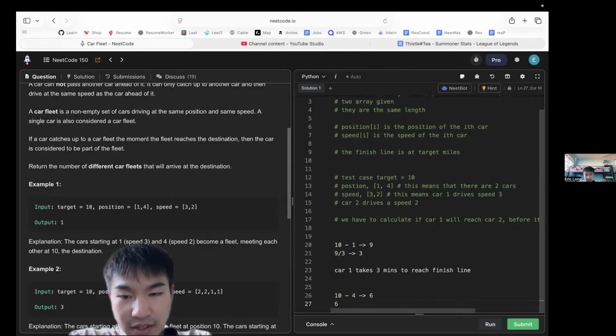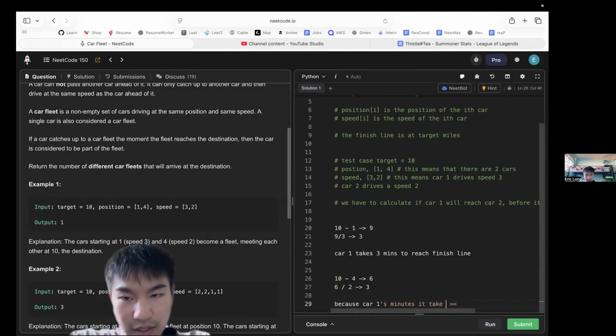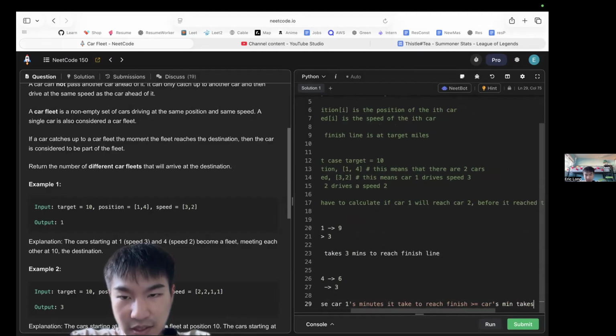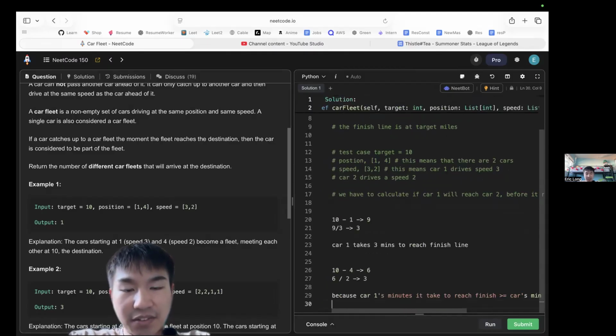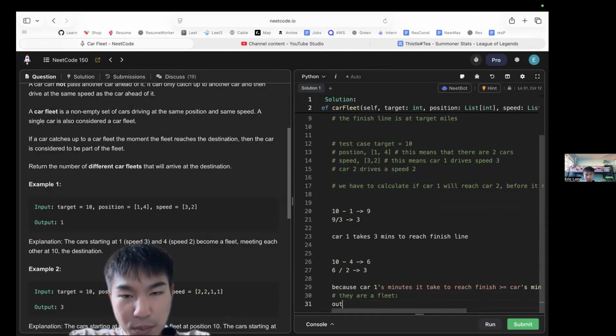Now we do 6 divided by 2, and that is also equal to 3. Because car one's minutes to reach the finish line is greater than or equal to car two's minutes to reach the finish line, we can conclude they are a fleet. So we combine both of those and the output is one.